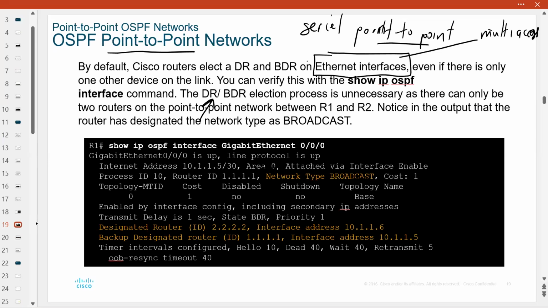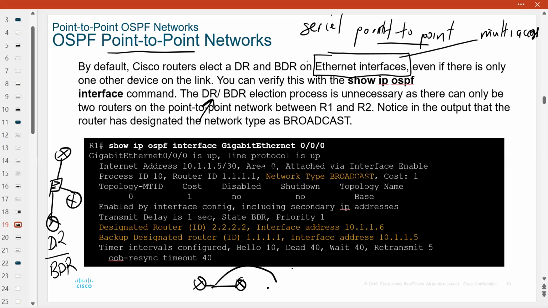A multi-access in OSPF, we had a switch and we had routers here. This is a multi-access in OSPF, right? This is where we need designated routers and backup designated routers. In a case like this, we do not need a designated router.